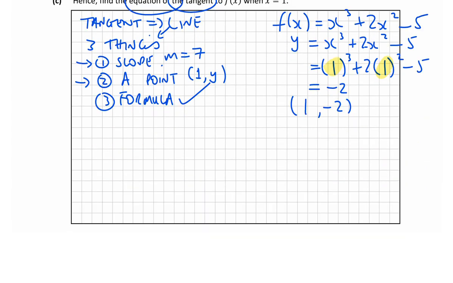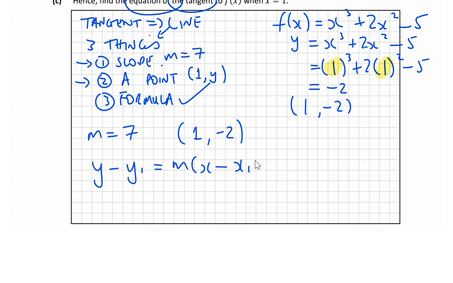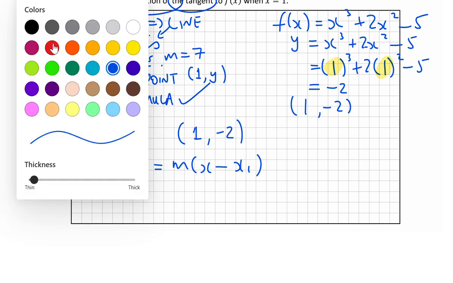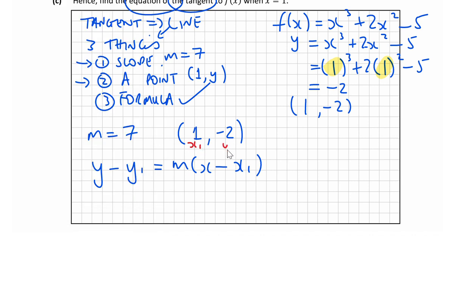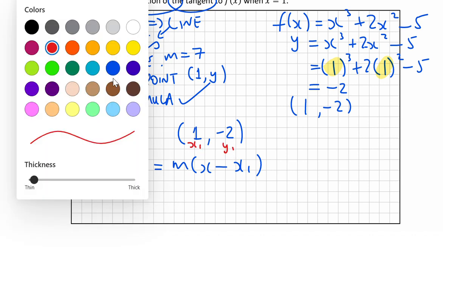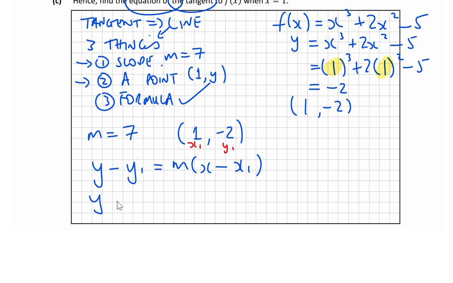We've got our three things that we need. We've got the slope of the tangent, we've got the point on the tangent, and we've got our formula, y minus y1 is equal to m times the bracket of x minus x1. We start off by labeling the point, and then we set up our formula, filling in for x1 and y1.